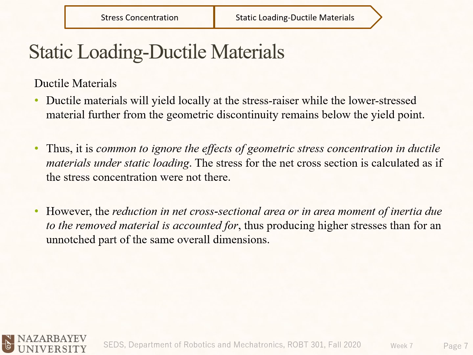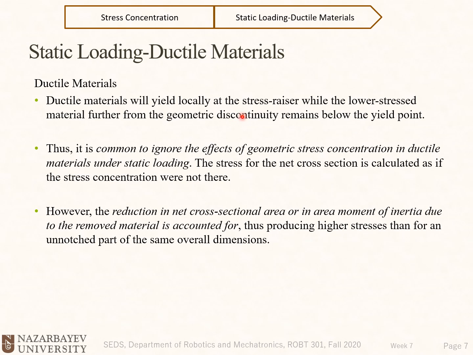Before going to that part, we need to differentiate ductile materials and brittle materials under stress concentration. Ductile materials will yield locally at the stress raiser, while the lower stress material further from the geometric discontinuity remains below the yield point.